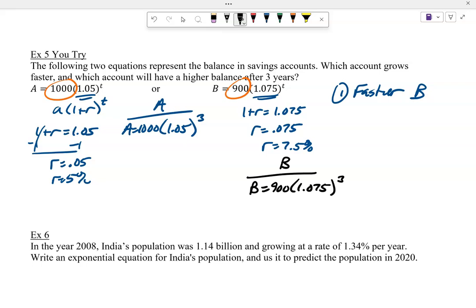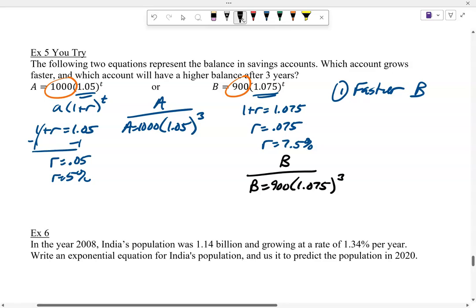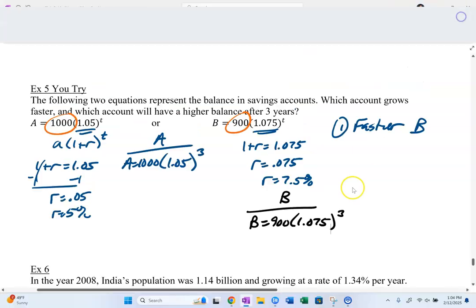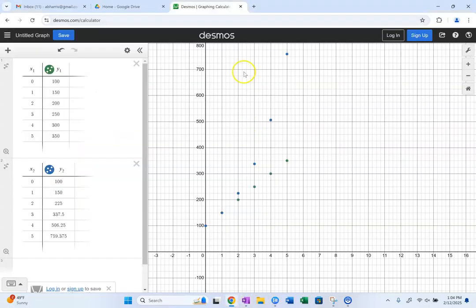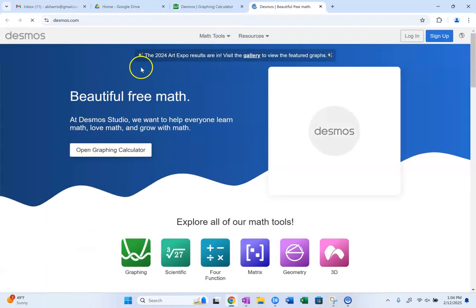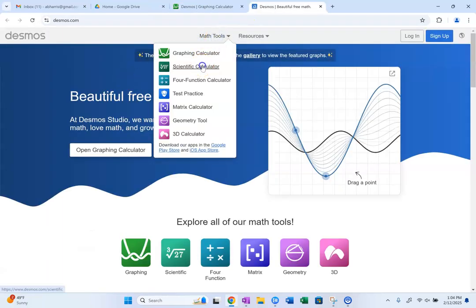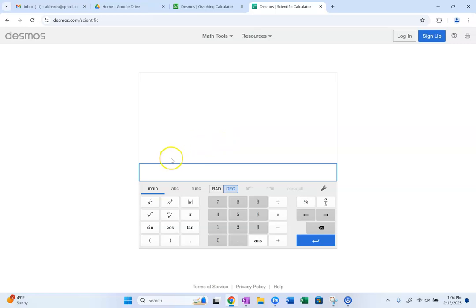So let me pull up my Desmos, desmos.com, scientific calculator, and let's punch those 2 in. Math tools, let me go to the scientific. So I've got 1,000 times 1.05, shift 6 to make it to the power, or you can use this a to the b button right there.